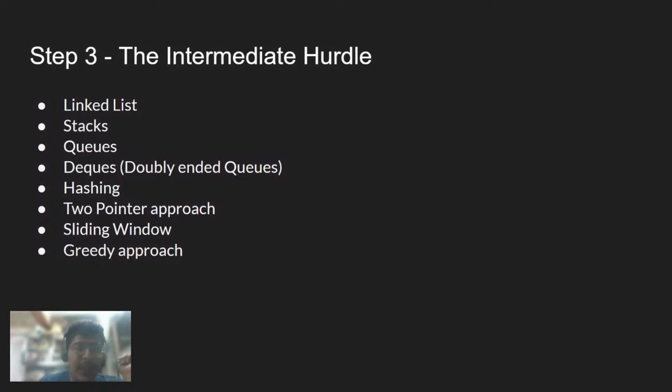After that, you have stacks and queues. Again, as important as linked lists, very fundamental data structures. There are problems on stacks and queues themselves, but they are also used to solve problems in the advanced topics. When you go to graphs, trees, and binary trees, there will be questions which are solved with the help of stacks and queues.